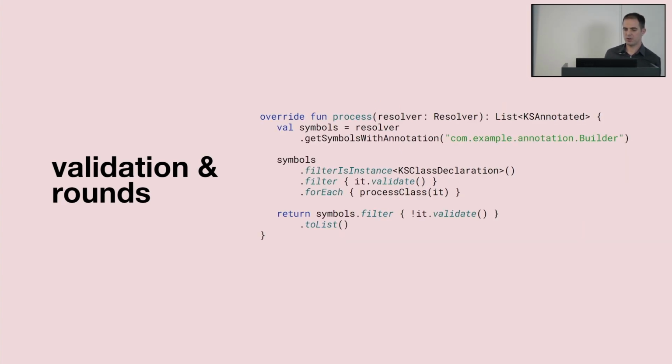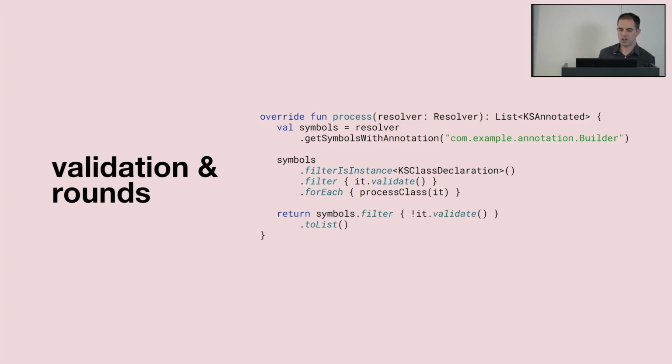To achieve that, here is a very simple code example. Again, I get all the symbols annotated with my builder annotation, and I filter for all of the symbols which are valid, and I only process the valid symbols. Then I return the symbols which are not valid and defer them to the next processing round.